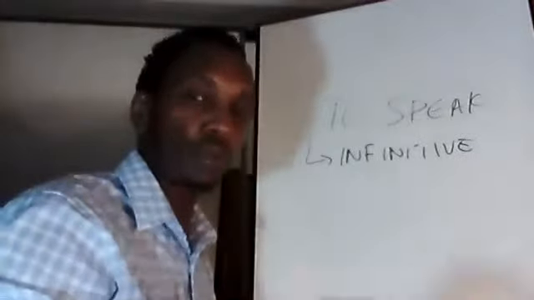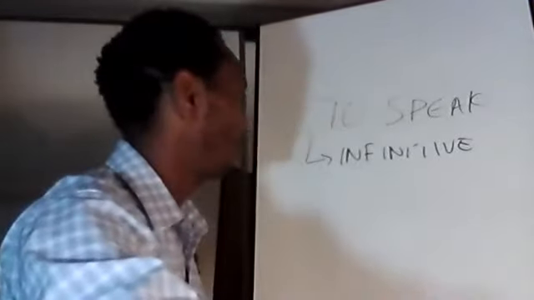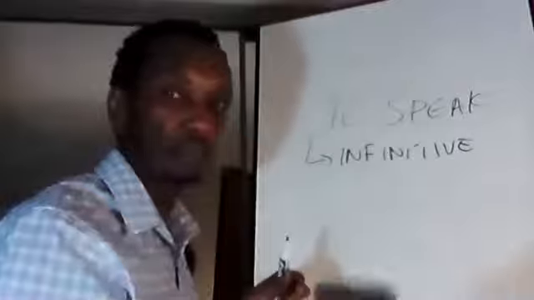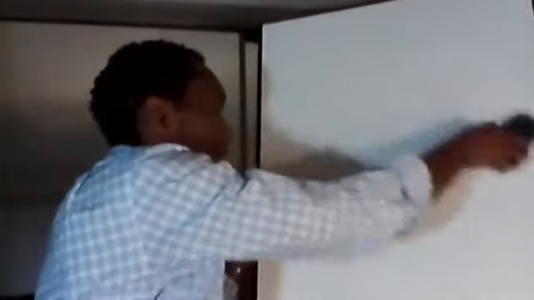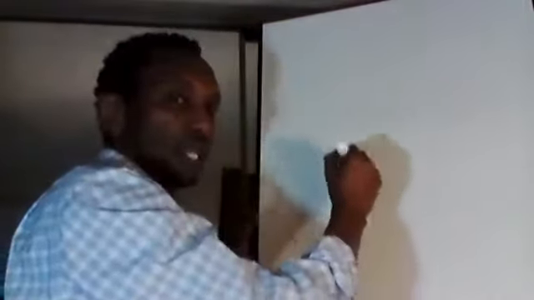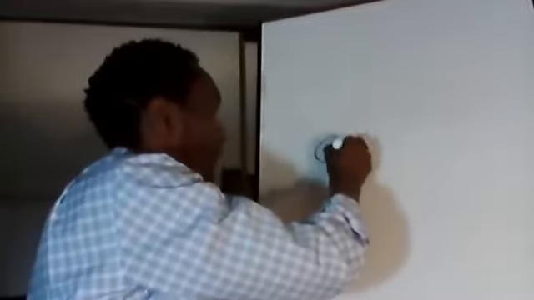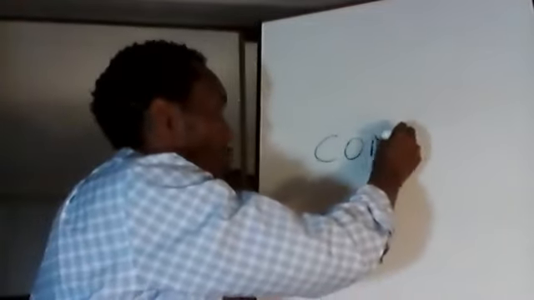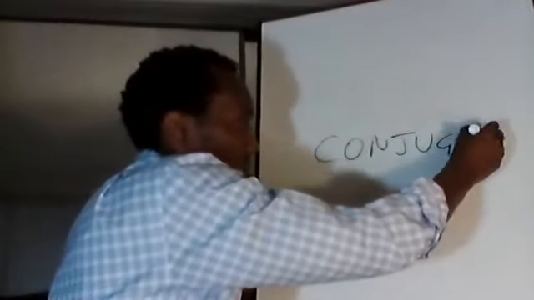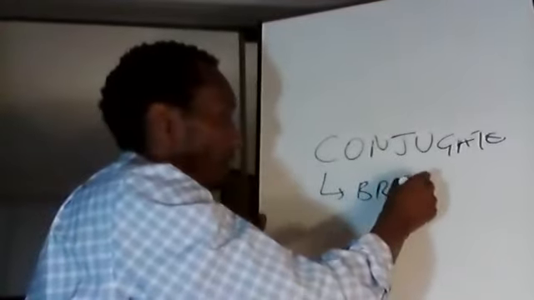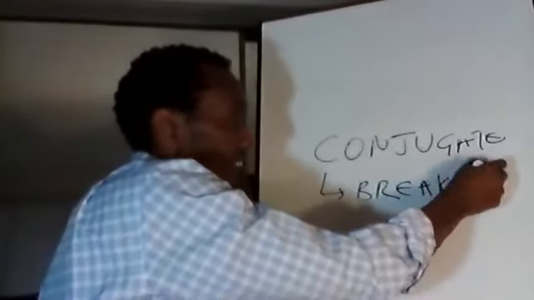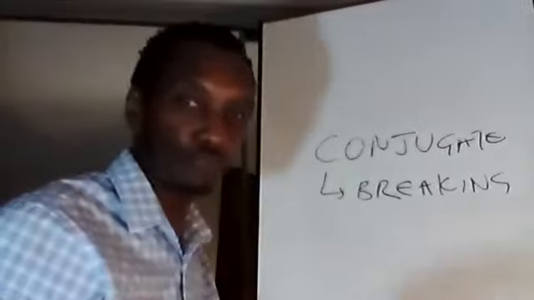And what do I mean by breaking a verb down? In foreign languages, the breaking down of a verb from its infinitive form is called conjugating. Some big words here. So conjugating a verb is the breaking down of a verb from its infinitive, its original form.